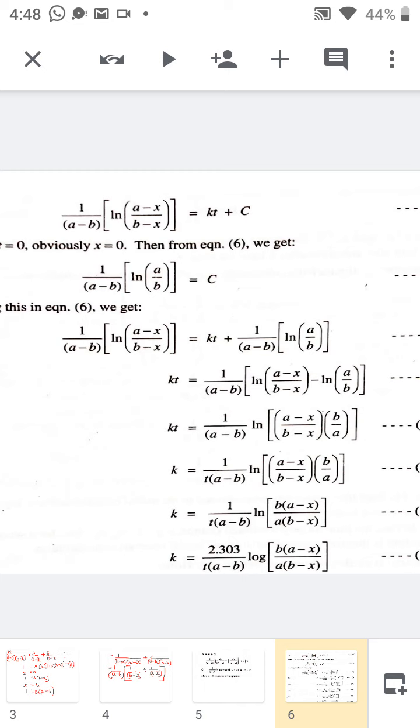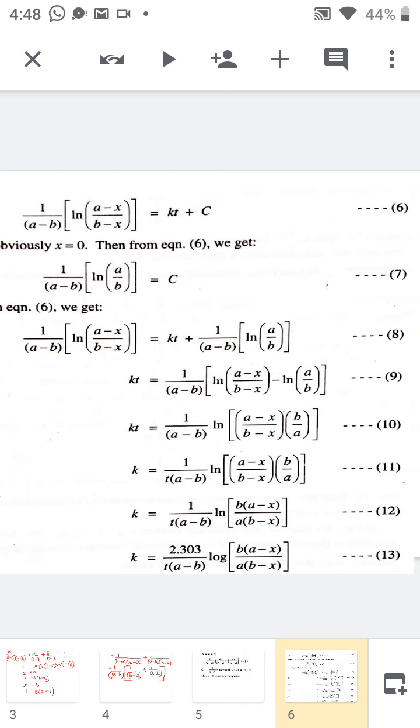If we write this equation 12 in logarithm, it becomes k equal to 2.303 divided by t(a minus b) into log [b(a minus x) divided by a(b minus x)].